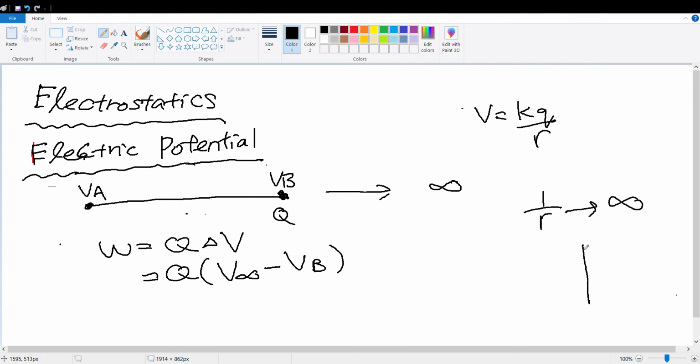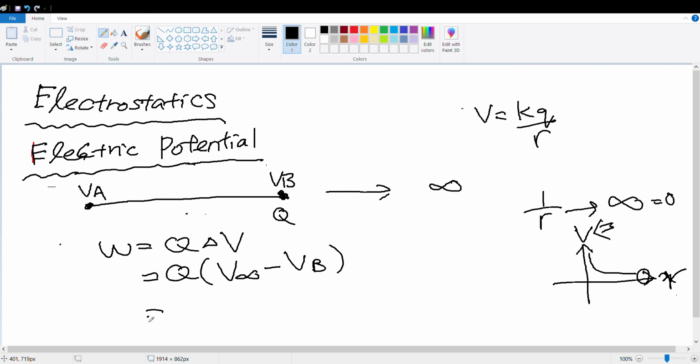So 1 over R is actually the reciprocal graph. This is the distance and this is the electric potential. The electric potential is described in terms of a reciprocal graph. So if R approaches infinity, my electric potential is approaching 0.